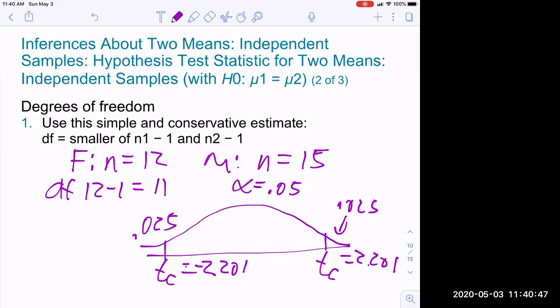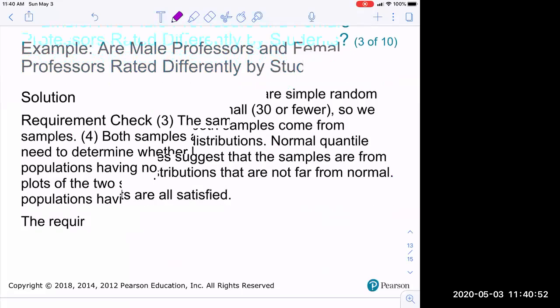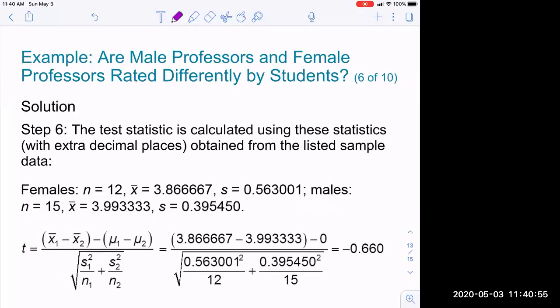So now it's a calculator issue. We're going to do the test statistic. And the author didn't give us this information until right now. I did this with 3.867. I rounded a little bit to like 3 decimal places. Now, some of you, don't forget, you may need parentheses here.